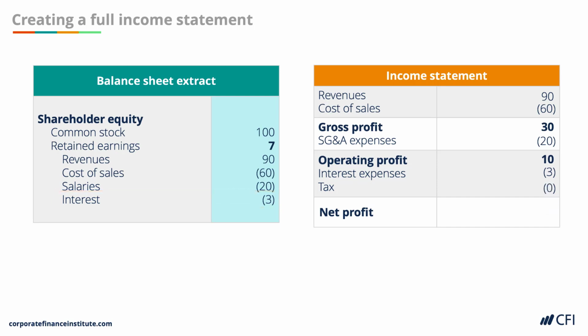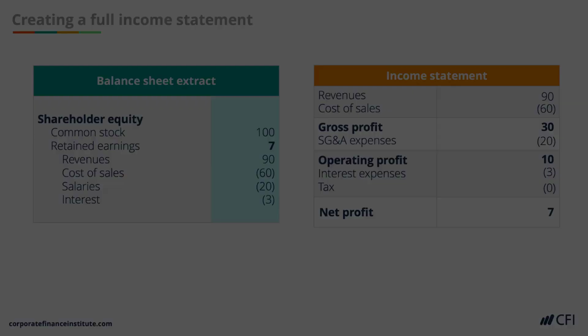The resulting net profit after deducting these final expenses is 7. And 7 is what flows back onto the balance sheet as retained earnings. You can see why the separate income statement is absolutely necessary, as it would be near impossible to track all of this under the retained earnings account on the balance sheet.